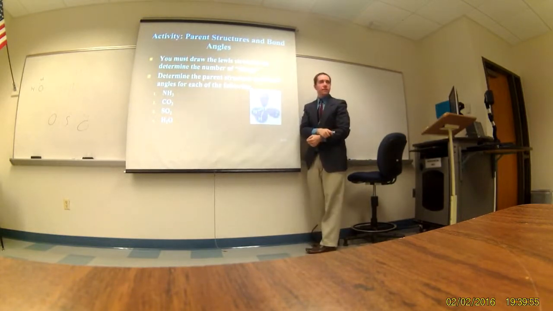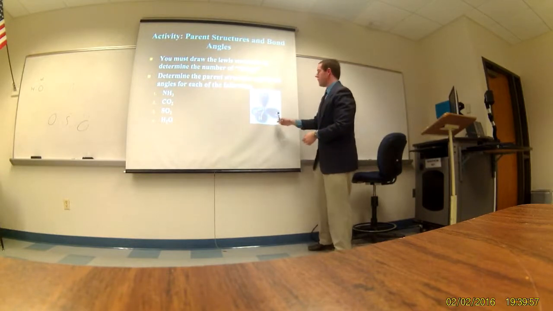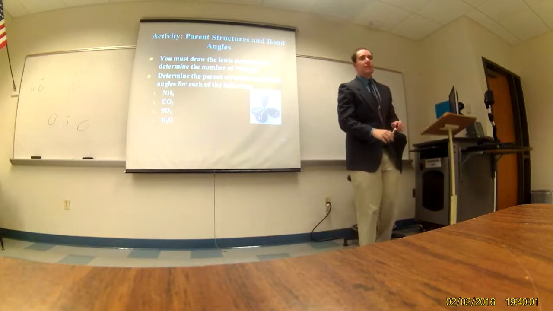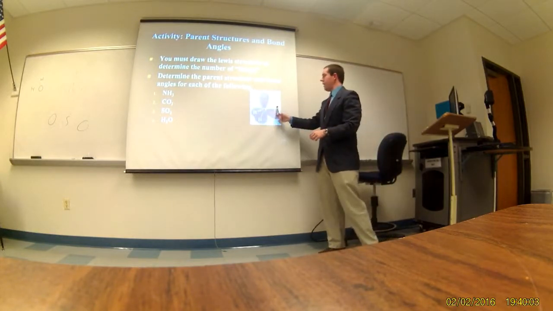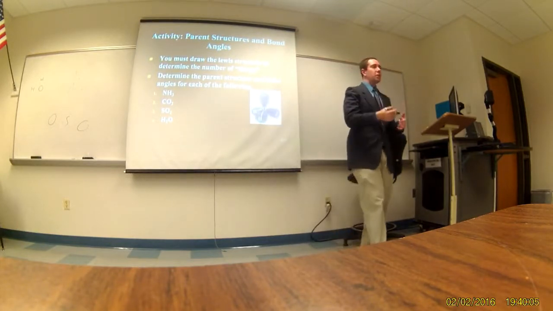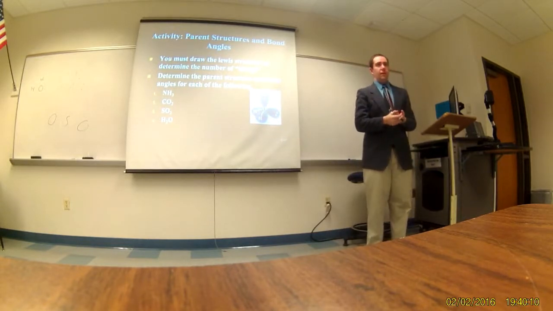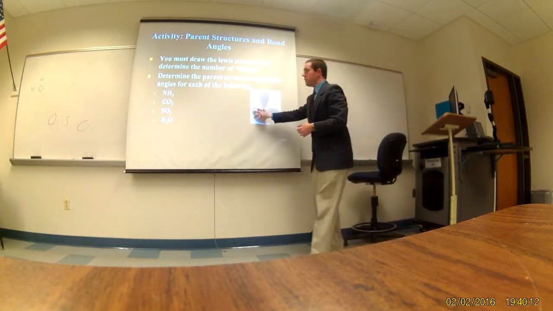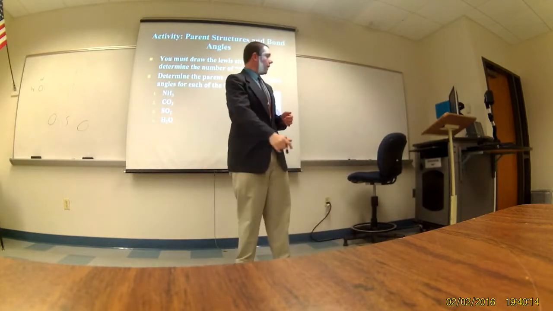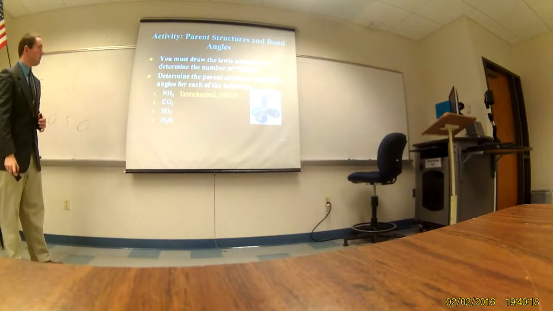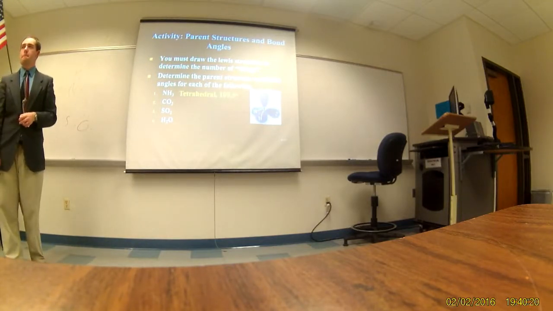So if we take this and we ignore that, what we have is that. Okay? And this is a concept that some people have trouble with. Taking the parent structure that has everything here, and imagining what it looks like without the lone pairs. If you struggle with this, make sure that you figure out what you're doing before you get too far. Is that only for water?